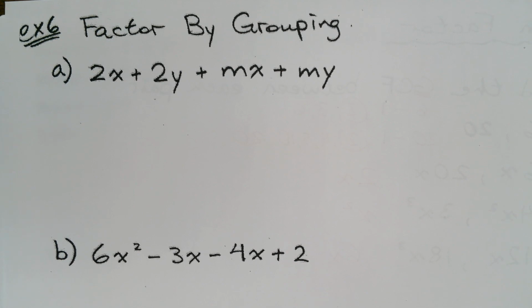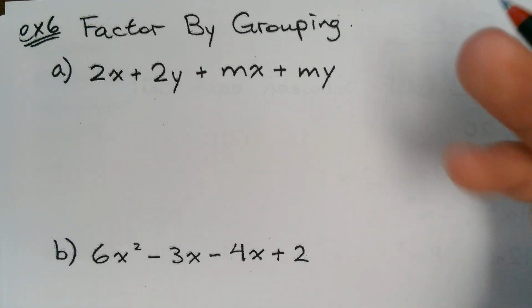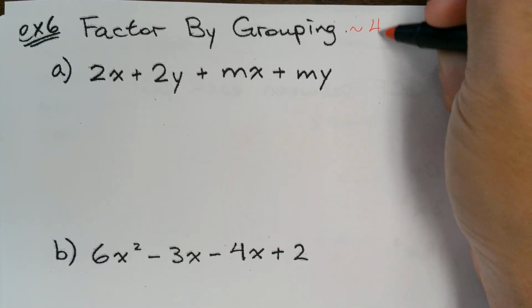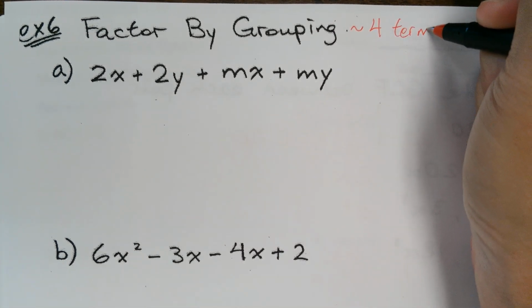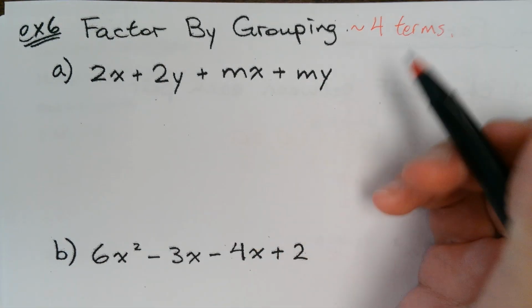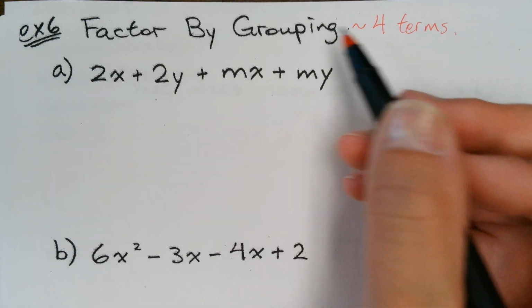Right. So what I did was I expanded it out. And now I'm stuck looking at 4 terms. Okay. When you have 4 terms, that's a big hint that you should do group factoring. So whenever you see 4 terms, you want to do group factoring.